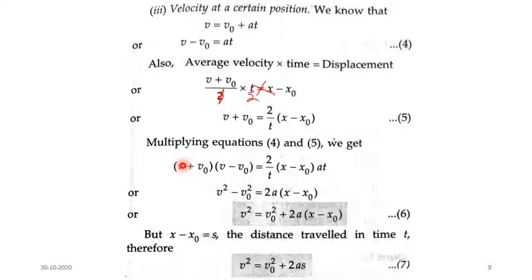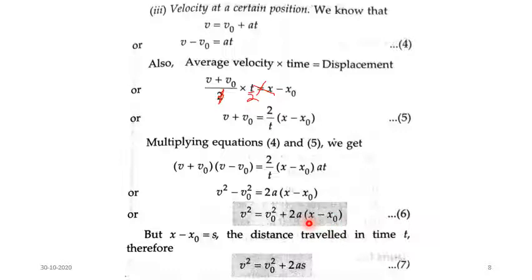So v plus v naught and v minus v naught should give me v square minus v naught square. On the right hand side, t and t get cancelled, so I have 2a times x minus x naught. And if I have to find the square of the final velocity, I can send this v naught square here. So v square equals v naught square plus twice of a times x minus x naught.